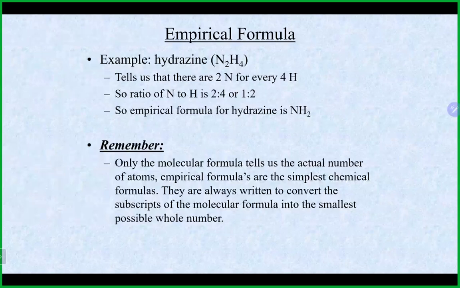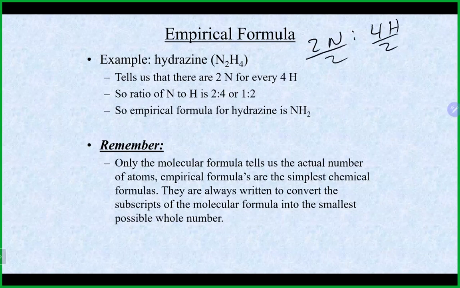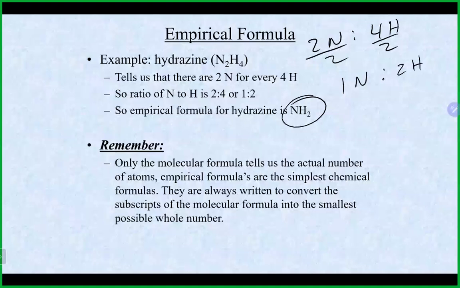Here's another couple examples here. Again, our N2H4, that is 2 nitrogens for every 4 hydrogens. Clearly, we could divide everybody by 2 and end up with 1 nitrogen for every 2 hydrogens. And that would give us our empirical formula in our simplest whole number ratio.